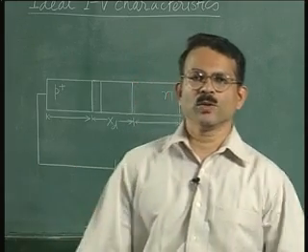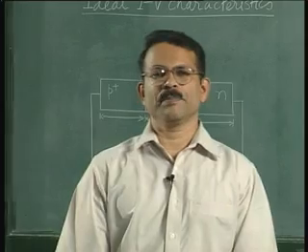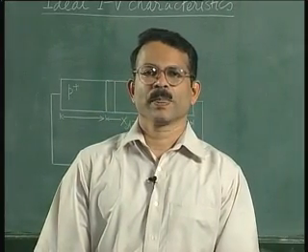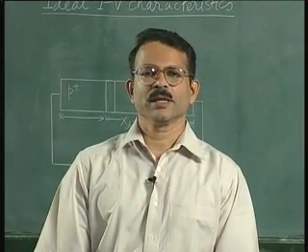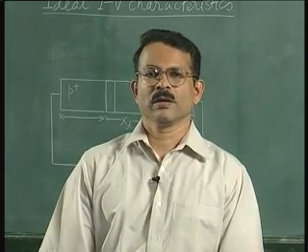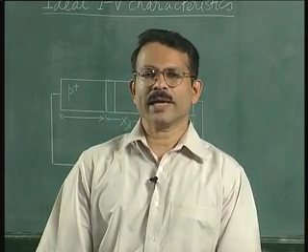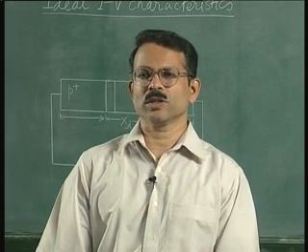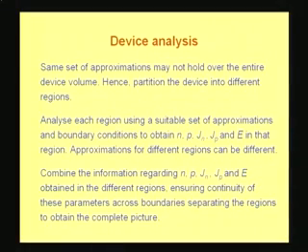What is important to see now is how the width of the regions is affected when you apply a forward bias. Let us look at the next step in device analysis as shown on this slide. Analyze each region using a suitable set of approximations and boundary conditions to obtain N, P, Jn, Jp and E in that region.